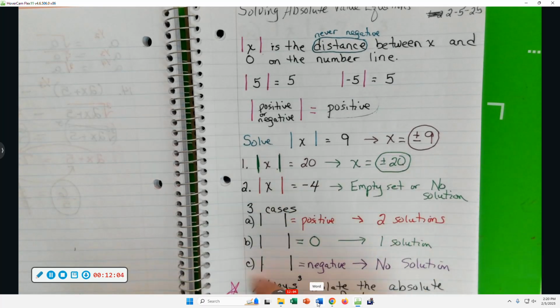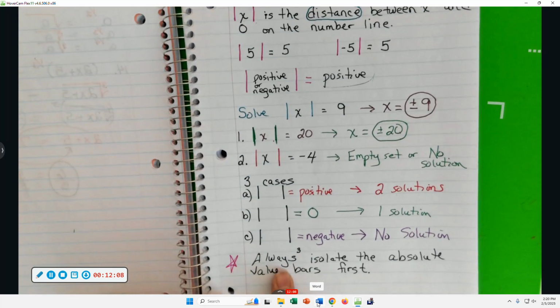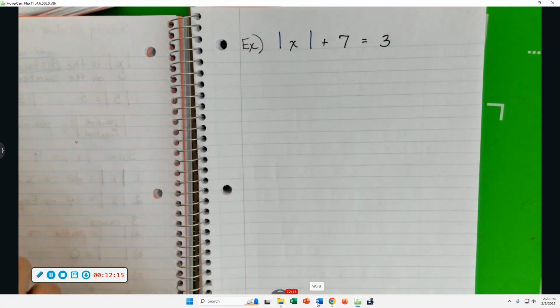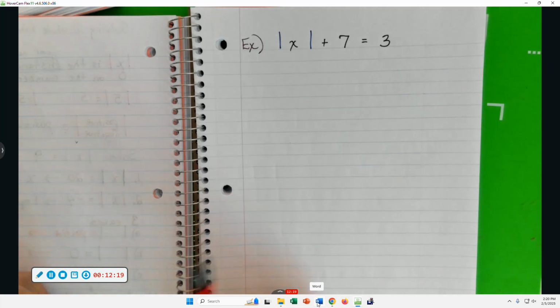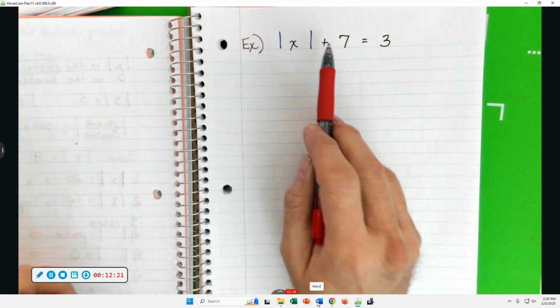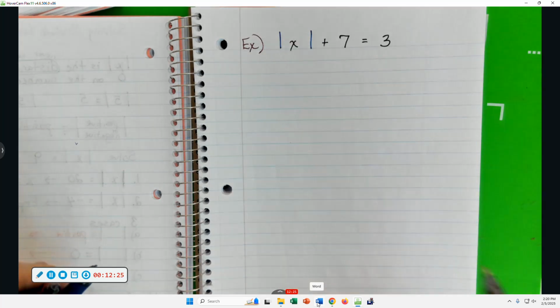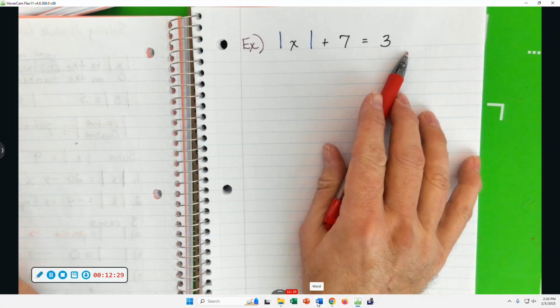Before I can decide that, those absolute value bars must be isolated. In this example, are the absolute value bars by themselves, or is there a little 7 over there with them? You've got to get the absolute value bars by themselves, which means what would I need to do to both sides to move this 7 to the other side?